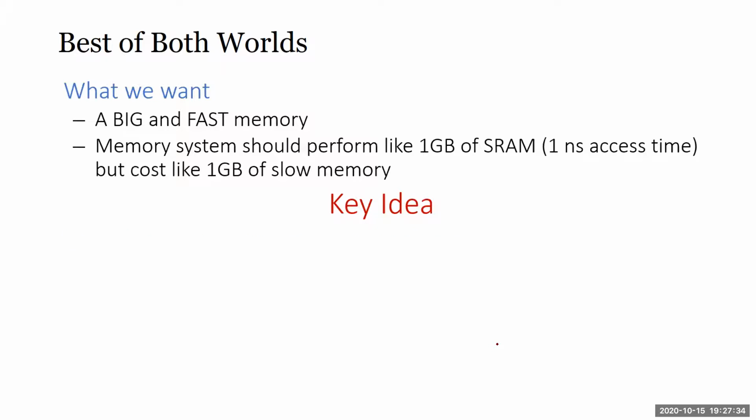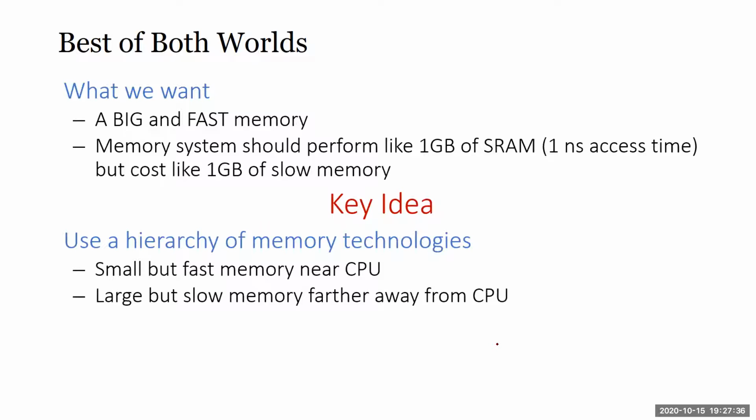So the key idea here is we use a hierarchy of memory technologies. We use a whole range of these different memories. We put fast memory near the CPU, because the CPU works very fast. But it's very expensive, so we use a small amount only.